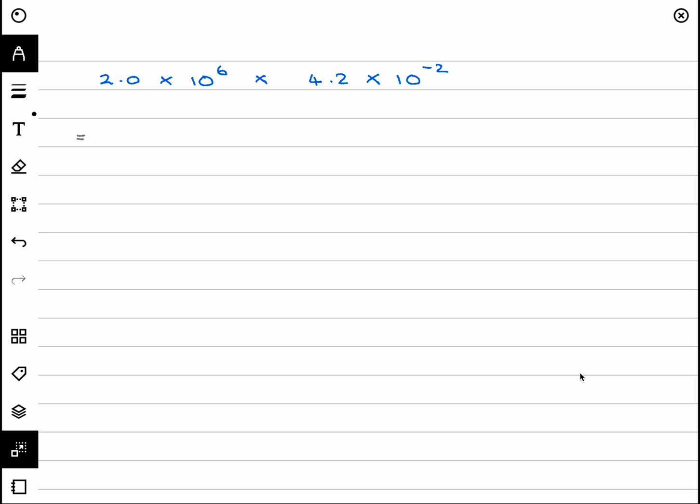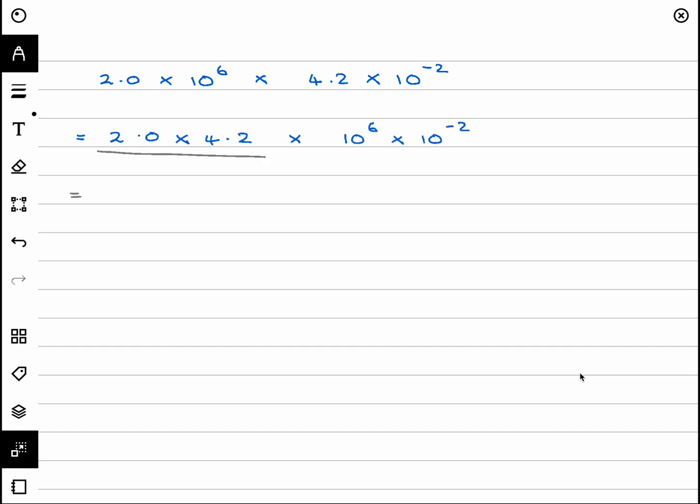The first thing that we're going to do, just like we would with our index laws, is combine the numbers first up. So we're going to say 2.0 times 4.2, and then 10 to the 6 times 10 to the negative 2.